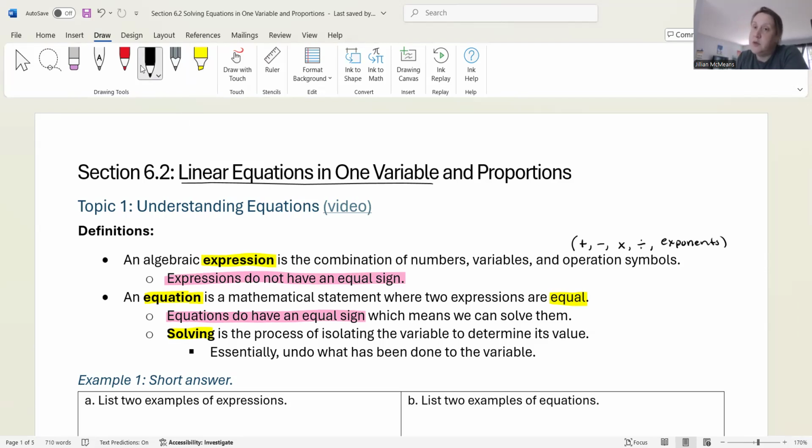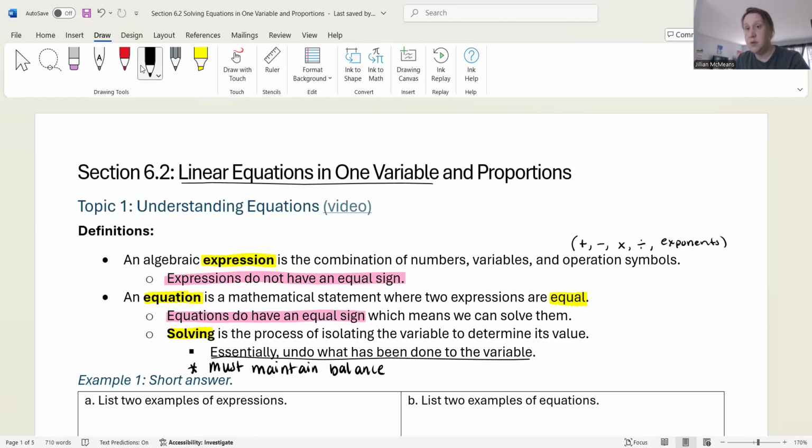What that really means for us is we're going to undo what has happened to the variable until we get that variable all by itself. Now, there are some other things we need to be really careful with. When you're solving equations, you must maintain balance. When you get an equation presented to you, you have some expression equals some other expression.